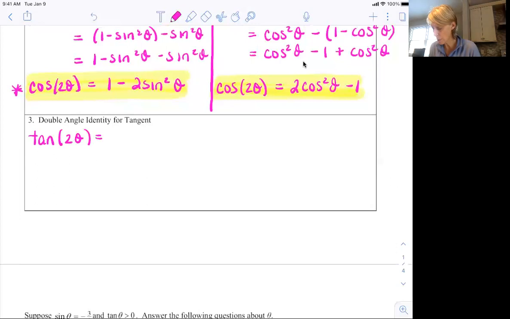Similar to the problems we did above, we're going to rewrite 2 theta as theta plus theta. And I have my tangent identity here.